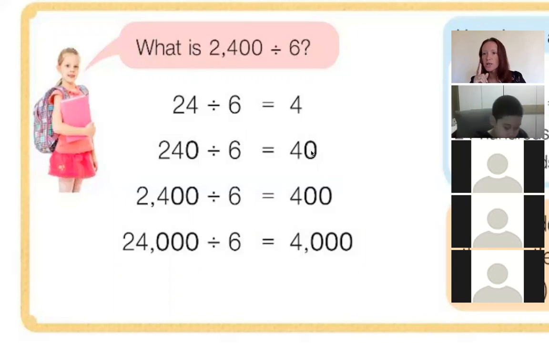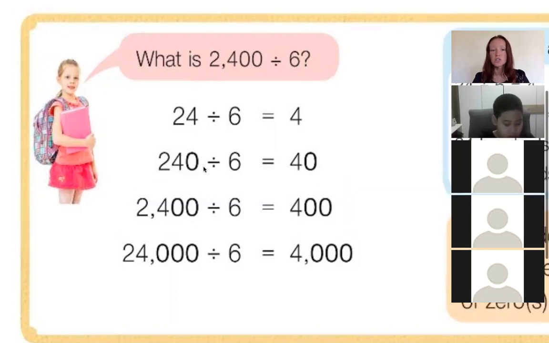That is only if one number has zeros. If both numbers have zeros, that is different. But here only one number has zeros, the dividend. That's why we transfer these zeros to the end, to the quotient, same as with multiplication.